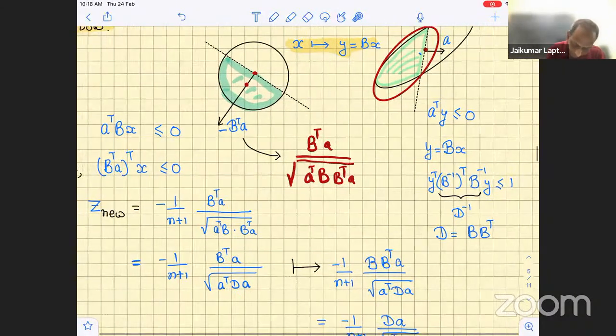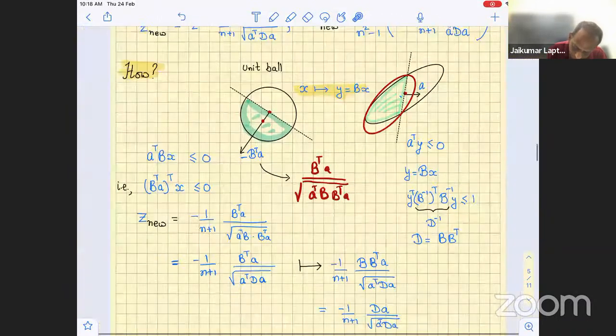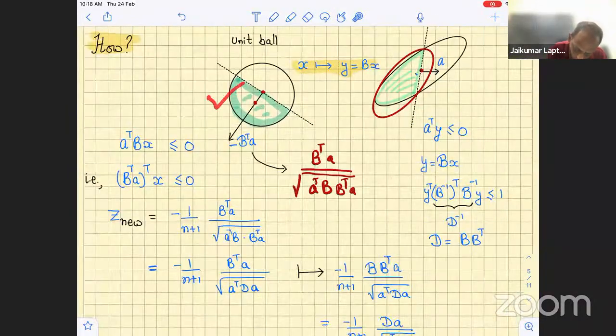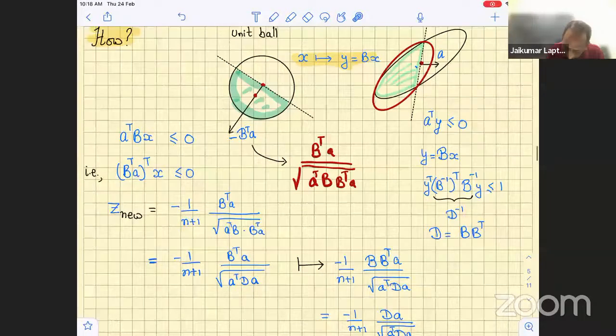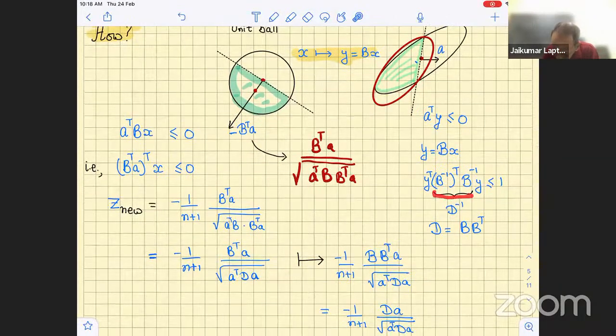So the center of the parent ellipsoid here is this, which we know is this. Okay, so what does this look like? You recall that this quantity B inverse transpose By is less than 1. This B was related to B by B transpose.